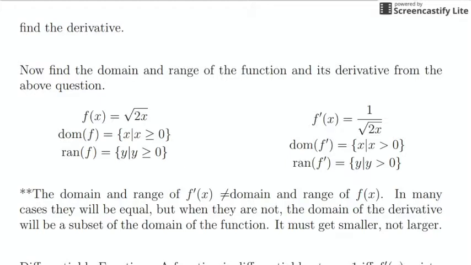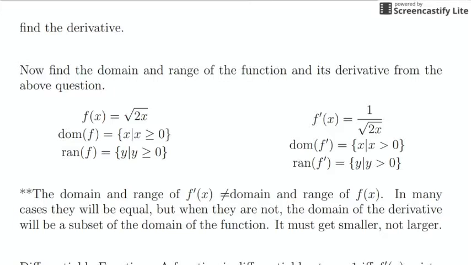Now, the fact that the domain here is excluding negatives, in the domain of the derivative we're also excluding negatives. That is significant. That is a fact that I want you to be really, really cognizant of. So the domain and the range of the derivative are not necessarily the same as the domain and range of the original function.